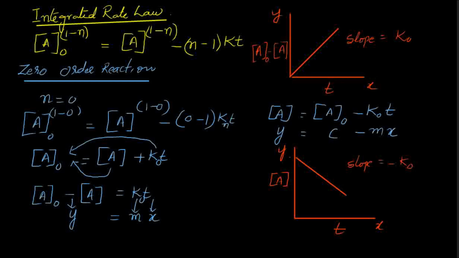So for zero order, the concentration A after time t seconds versus t gives a negative slope of minus k naught. These are the zero order graphs based on the integrated rate law.